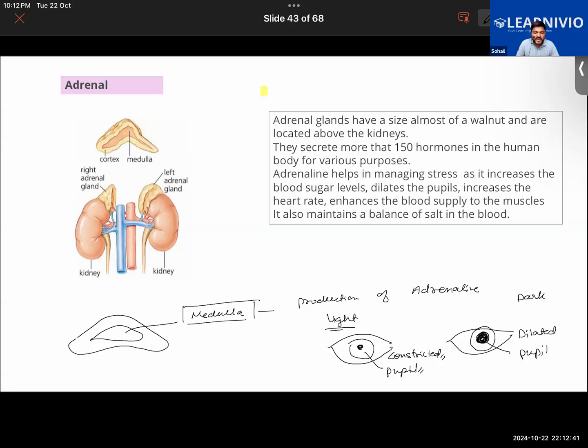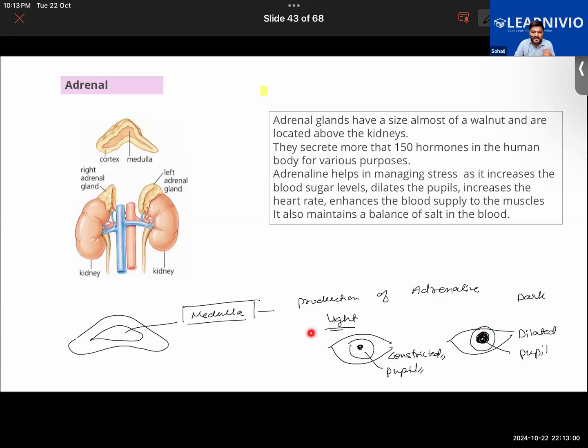The pupil is the opening in the eye through which light enters. In the dark, our pupil gets dilated to allow the maximum amount of light to enter our eyes.